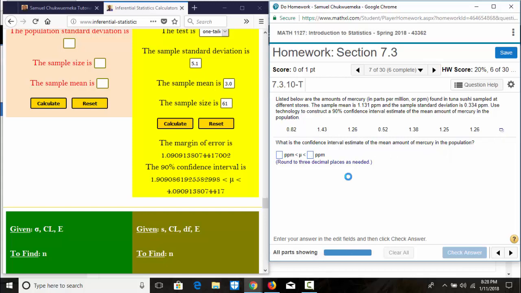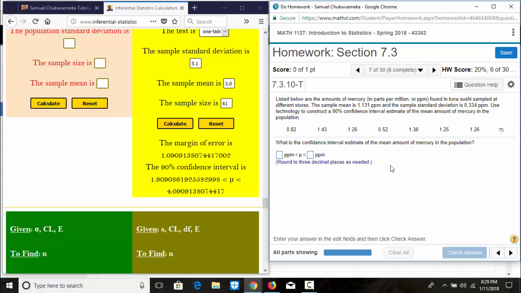But before we use Statcrunch, do we use critical Z or critical T? They gave us the sample mean and sample standard deviation. So we're going to use critical T, because they gave us the sample standard deviation.